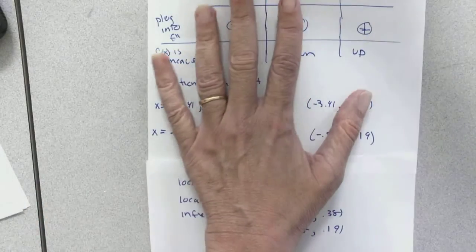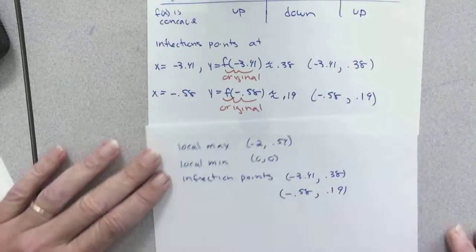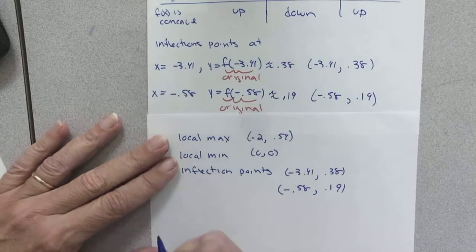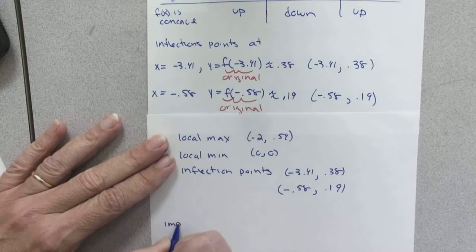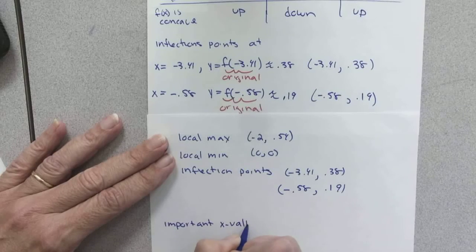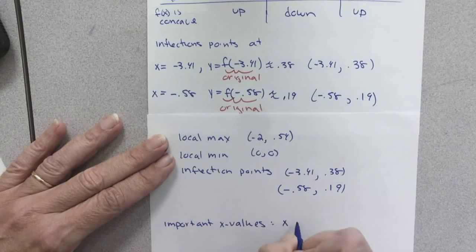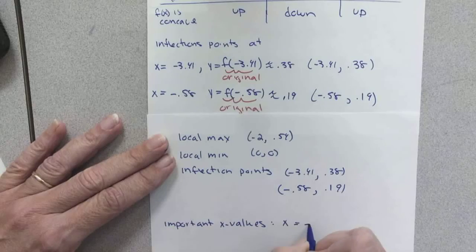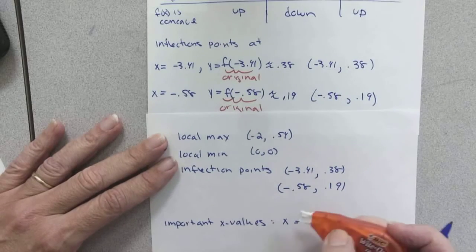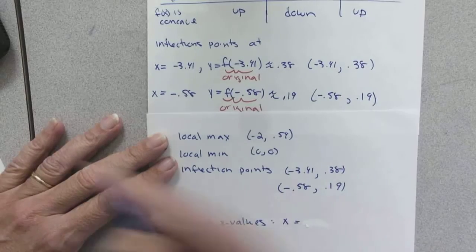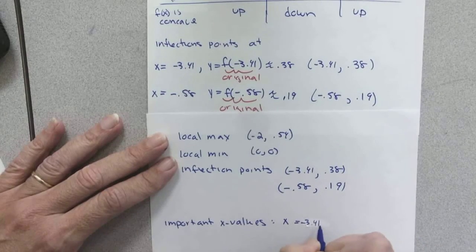And now we are going to think before we draw. The important x values that we got were, from smallest to largest, negative 3.41, negative 2, negative 0.58, and 0.